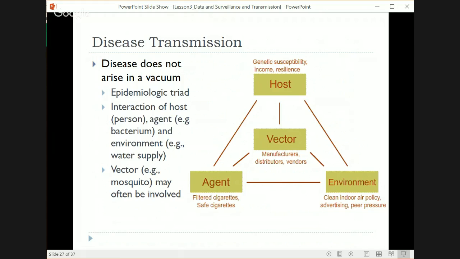Well, a lot of agents are only infectious in, or only really arise in, certain environments. So if the environment is unhygienic, or if you don't have a clean indoor air policy. And vectors being things like mosquitoes that transmit disease, or things like deer ticks and Lyme disease.